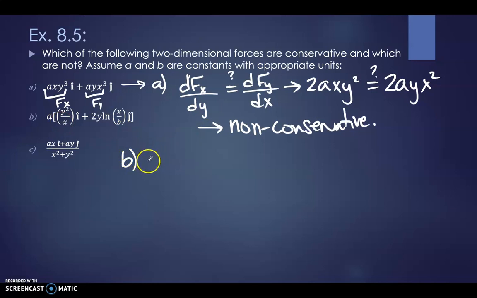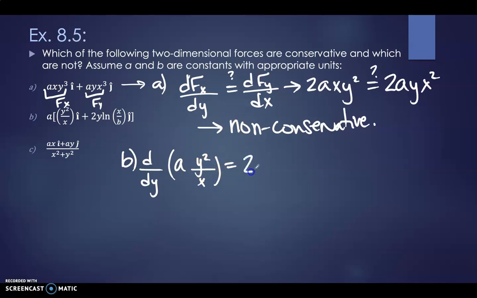This first part, remember, is F sub x. So we have d/dy of a y squared over x. We can write it that way.